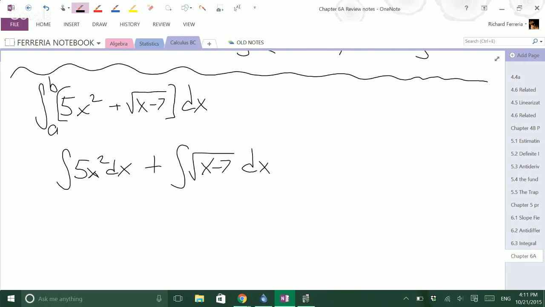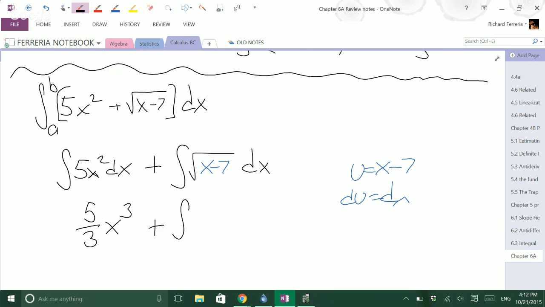One of those is easier. Actually, they're both pretty easy if you're really comfortable with this by now. But we're going to take the second one a little bit slower. That first one, 5x squared, that antiderivative is 5/3 x cubed. Totally easy. The second one, you're going to have to use a U-substitution. du is equal to dx.